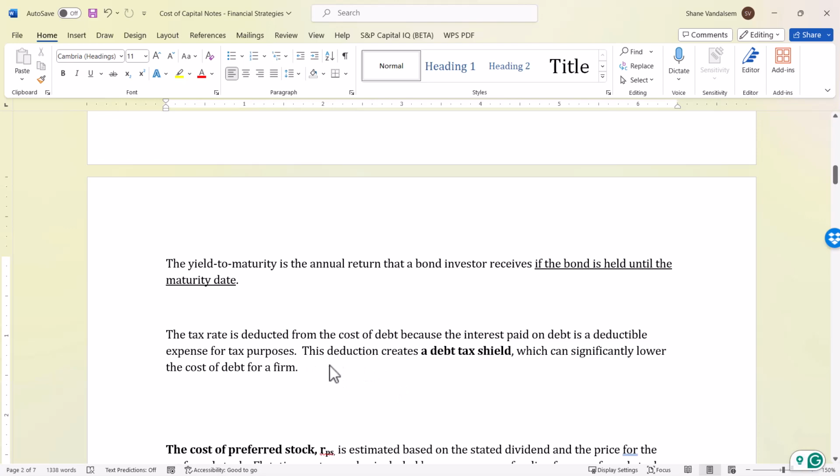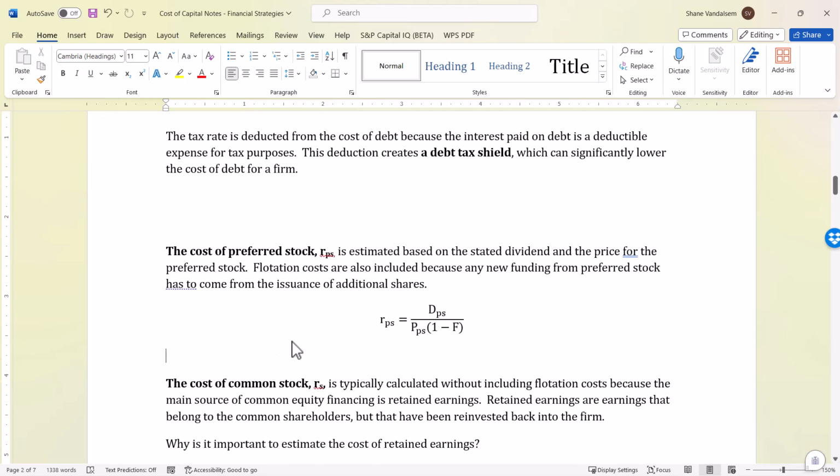So for Caterpillar, the yield to maturity on the firm's 10-year bonds, and what I mean by 10-year bonds is it's 10 years until maturity, approximately.